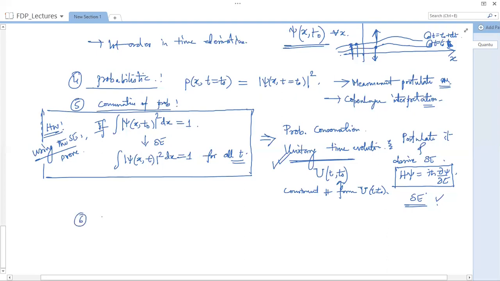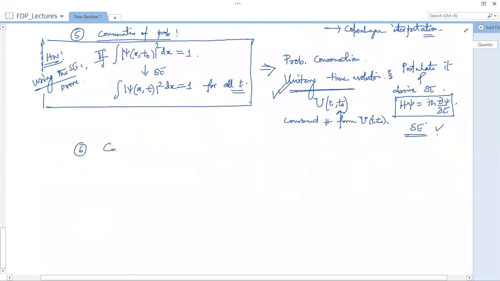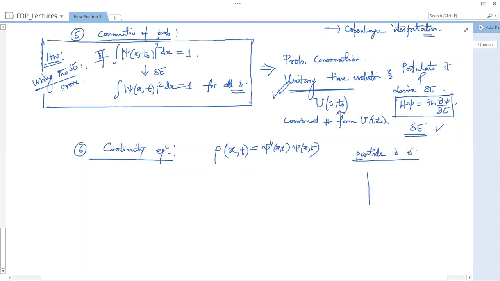And the next thing is the continuity equation. What is the continuity equation now? Here rho is the probability density. Now, if I have a particle, let's say that the particle is an electron.